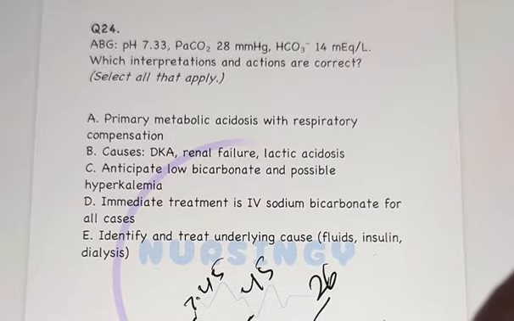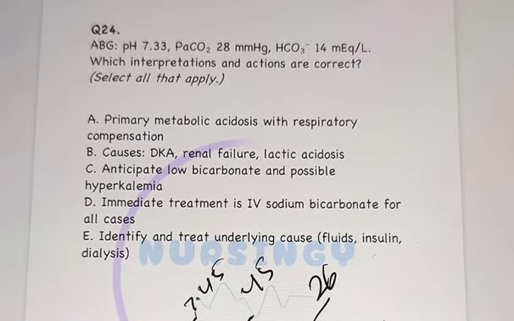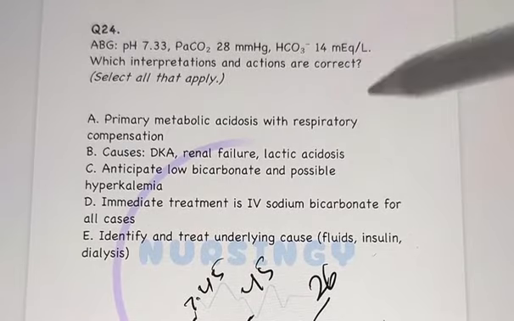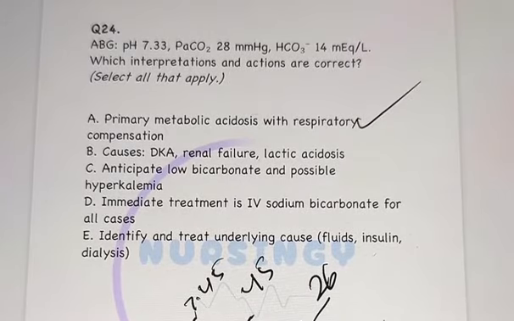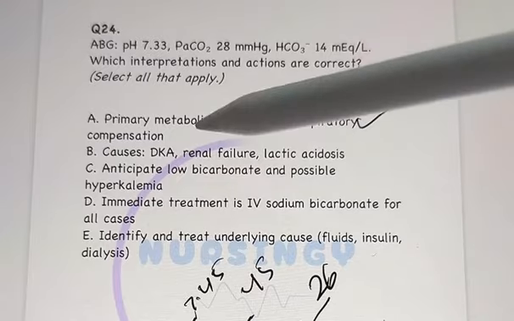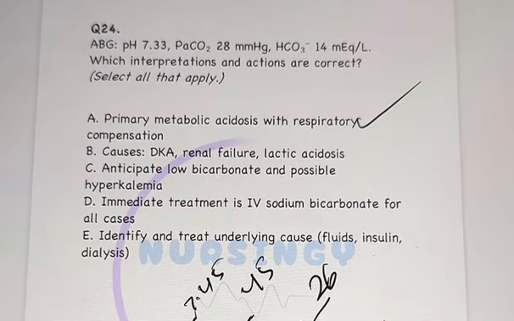Is it correct or not? Because low PaCO2 is trying to compensate. Everyone happy with that? So option A is correct: primary metabolic acidosis with respiratory compensation.